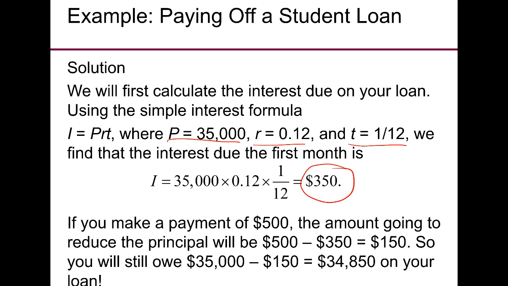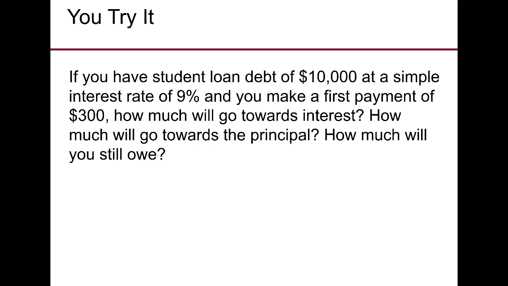So if we make a $500 payment and $350 of it goes to interest, then only $150 goes to principal. So after paying $500, only $150 of it affects the principal amount that we owe, and we still owe $34,850 on the loan.